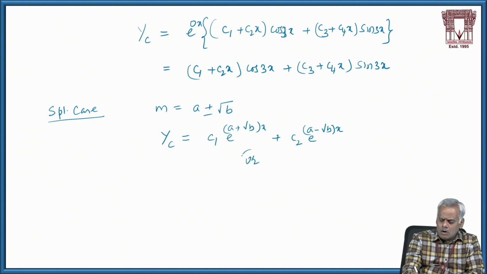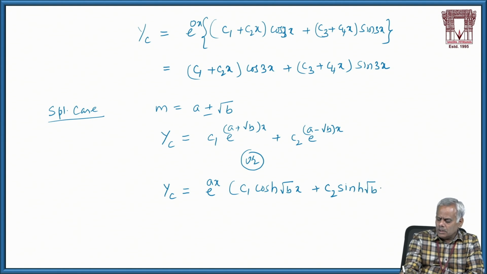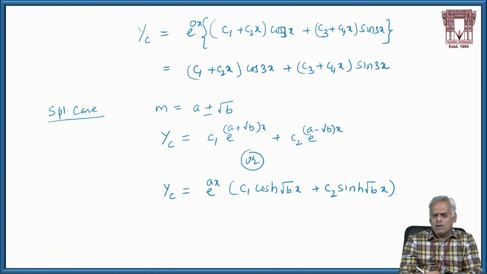Or in terms of hyperbolic functions, the complementary function is given by e^(ax) [c1 cosh(√b x) + c2 sinh(√b x)].